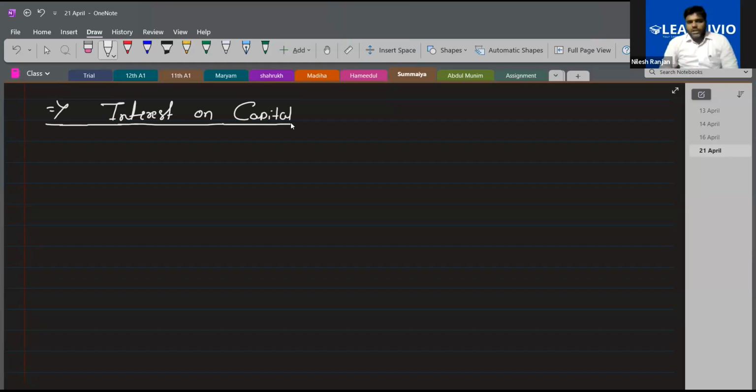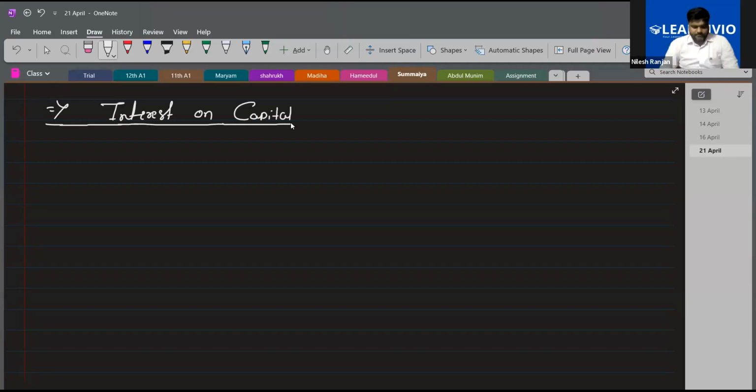Can you tell me the formula that we use for calculation of interest? Capital into rate by 100. And if there is any change in capital during the year, then how will we calculate the interest?